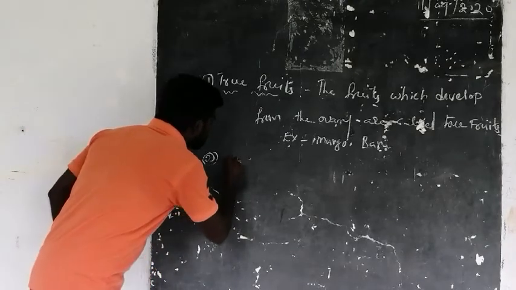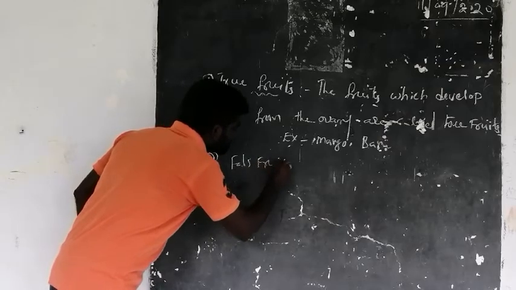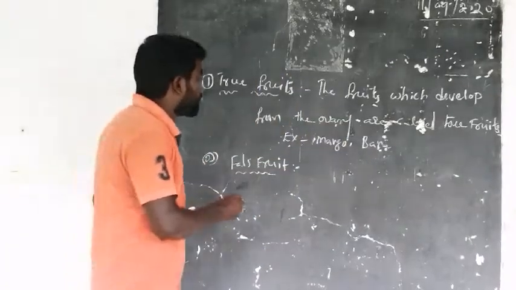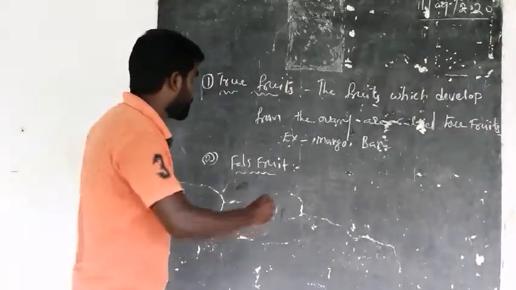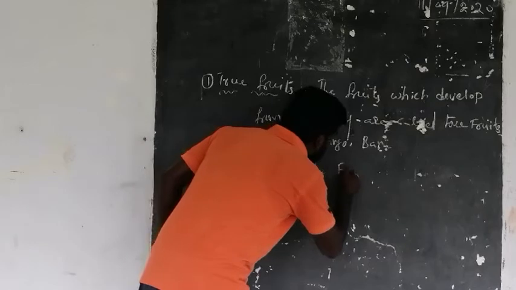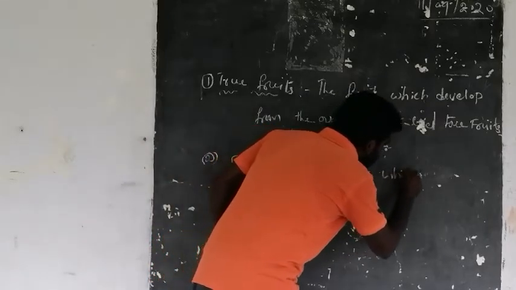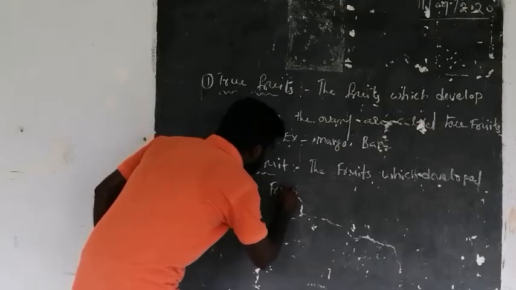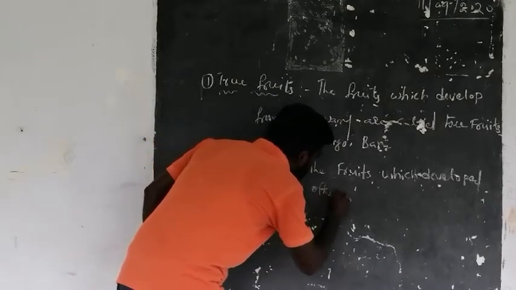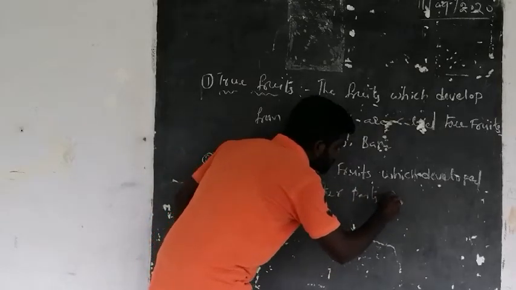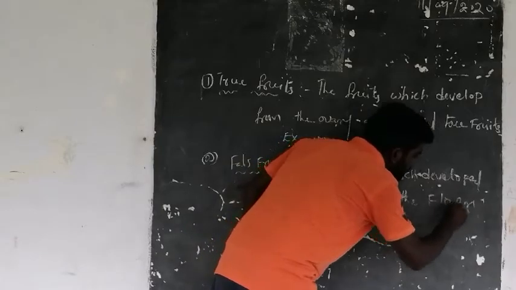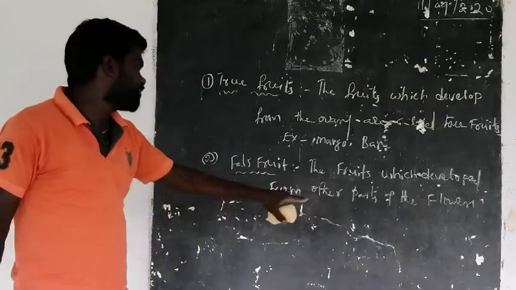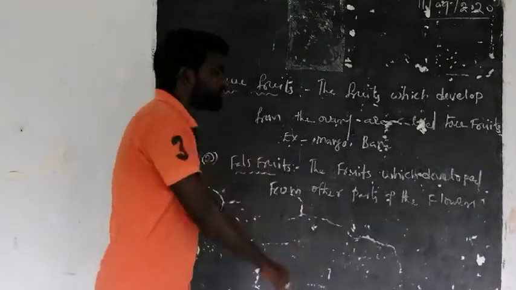Coming to the false fruit: the fruits which develop from other parts of the flower, for example the thalamus, sometimes including the ovary or other than the ovary, are called false fruits.